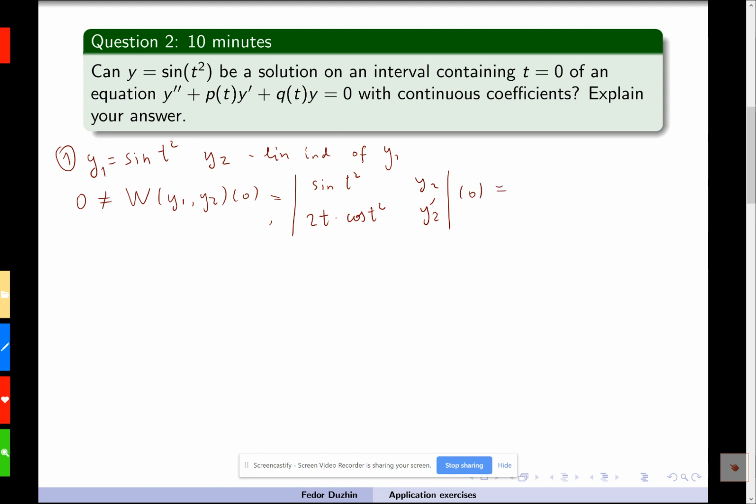When letting t be 0, the first column of the Wronskian is going to be 0, which means that regardless of y2, the whole determinant is 0. So this contradiction concludes the proof.